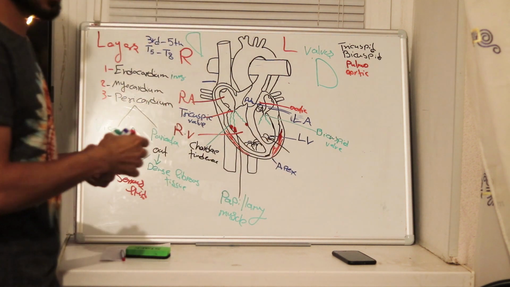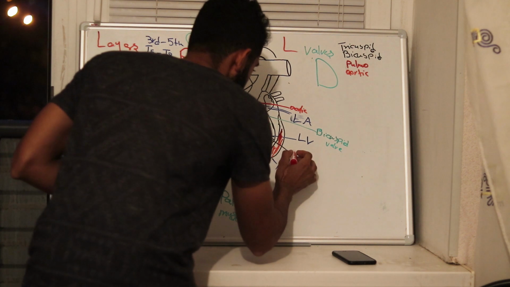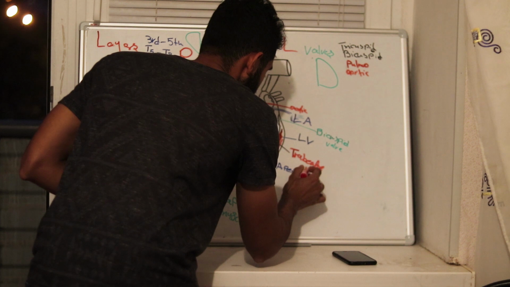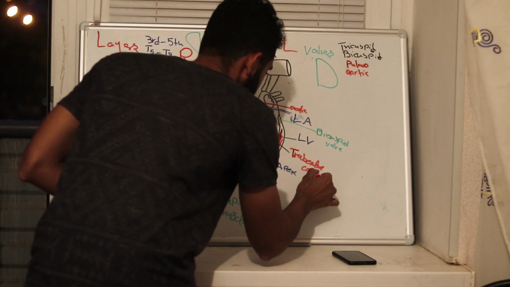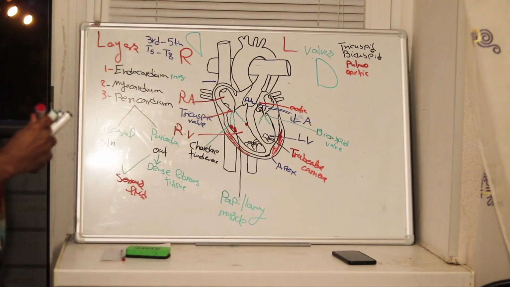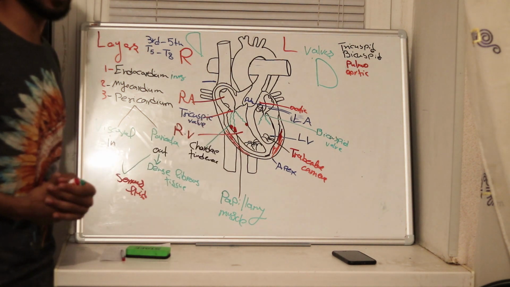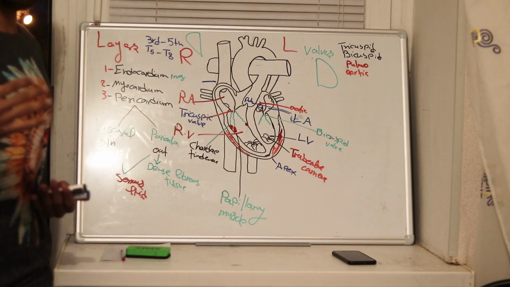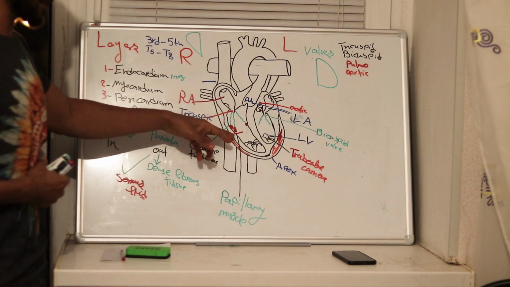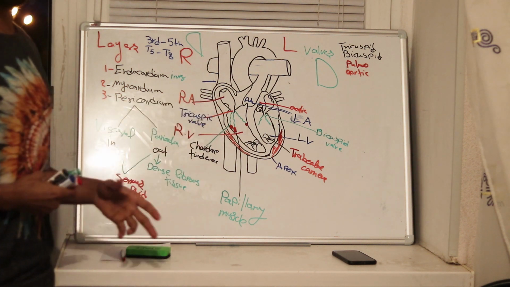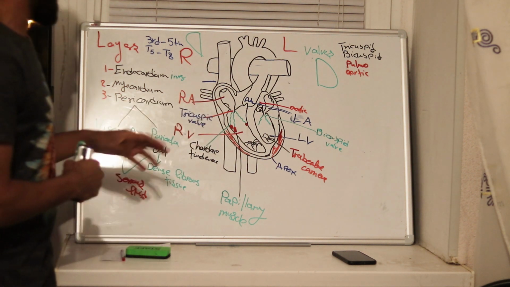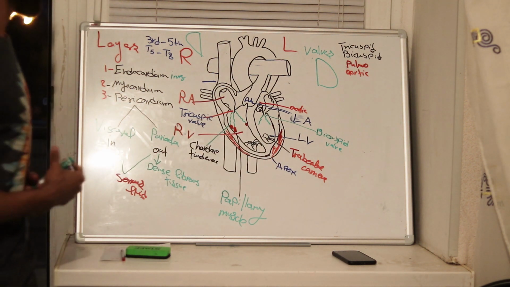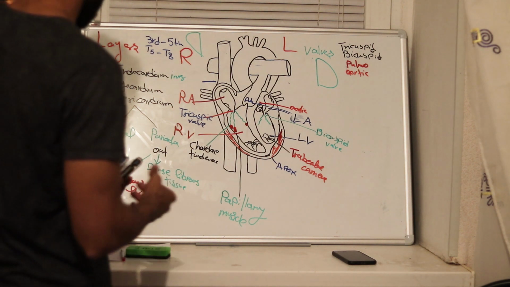This structure is called trabeculae carneae. It gives rise to the papillary muscle that holds the chordae tendineae and makes them function properly.